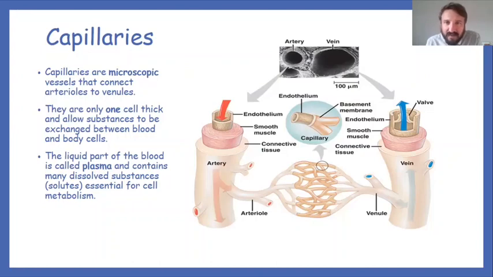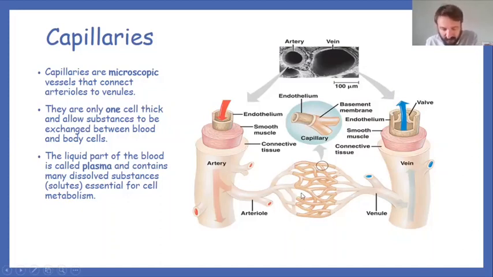Okay, now you can see here we've got a little diagram of our vein, which is a lot bigger than our artery here. And if we go down here, we have our arteriole and our venule. Okay, and the arteriole is like mini arteries that branch out to the capillaries.